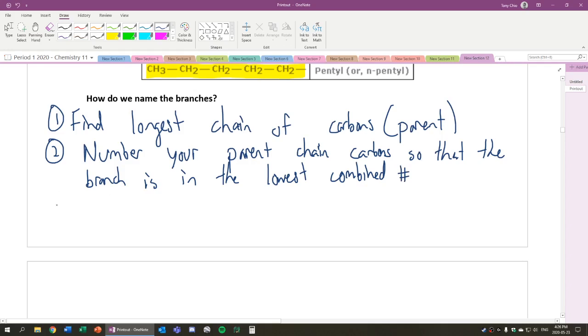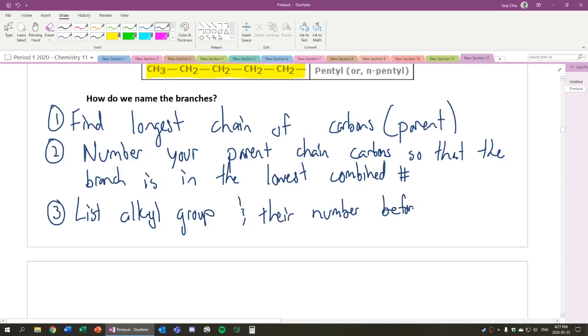Okay, number 3. List alkyl groups and their numbers before the parent name. Number 4.